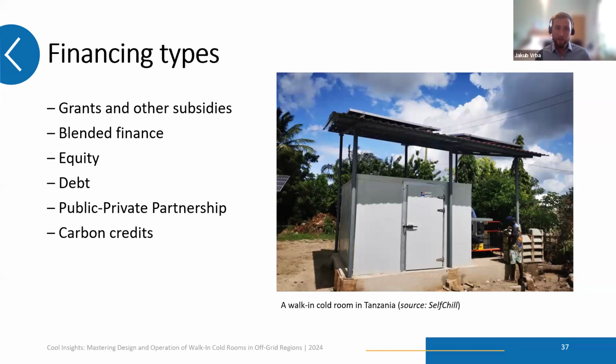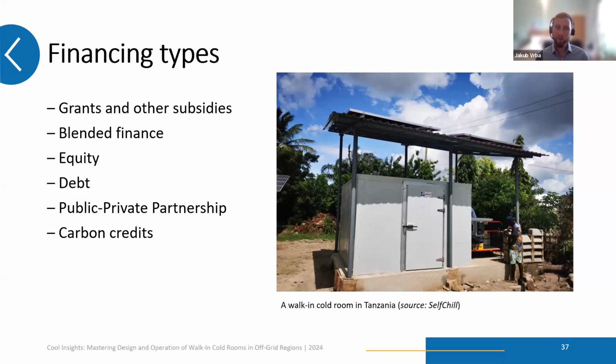Usual financing challenges for developers who would not sell their cold rooms upfront would include the usual challenges that any asset financing provider would face. So that's the cost of working capital, foreign exchange risks, default and late payment risks, and then costs associated with payment collections and transaction costs. So again, there's nothing unique really about the cold rooms themselves.